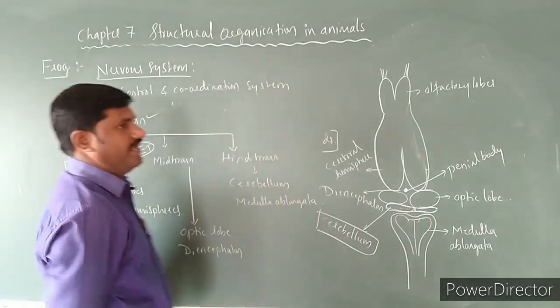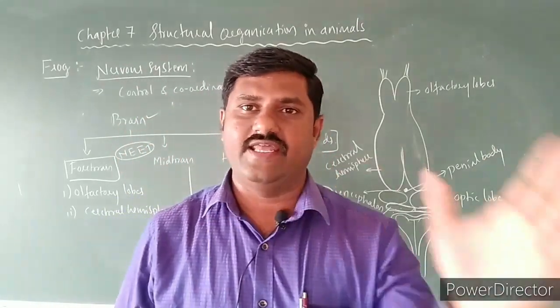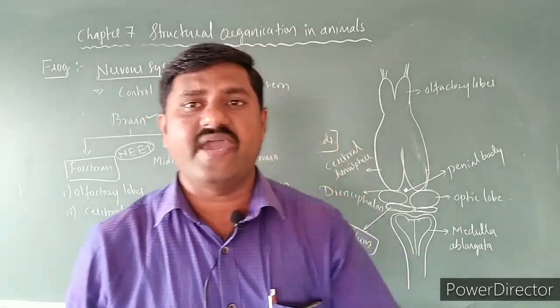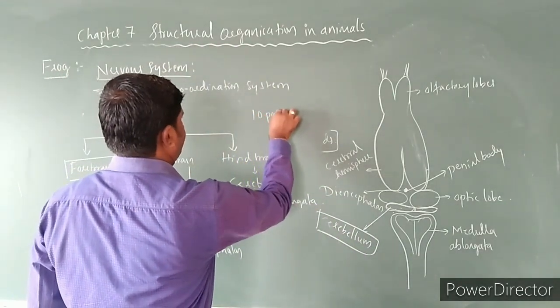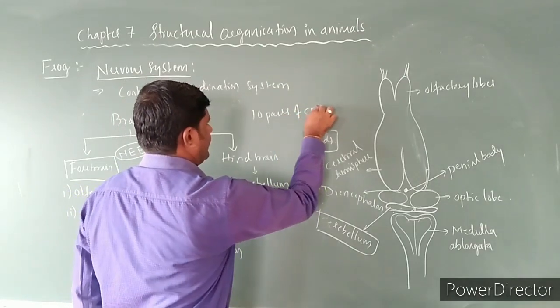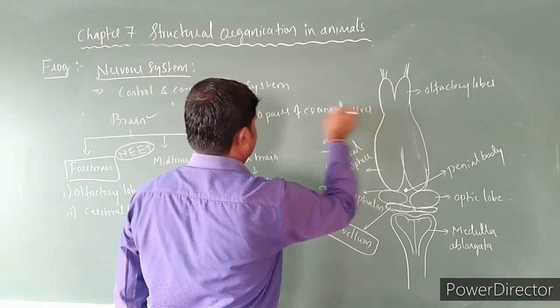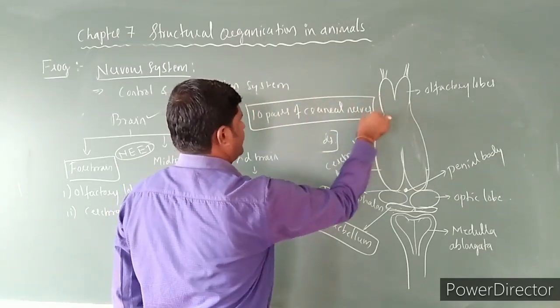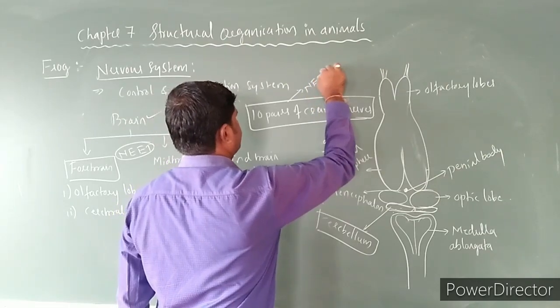This is about the brain. The brain is kept inside the brain box, which is called the cranium. There are 10 pairs of cranial nerves. Remember, this point is very important for the NEET examination.